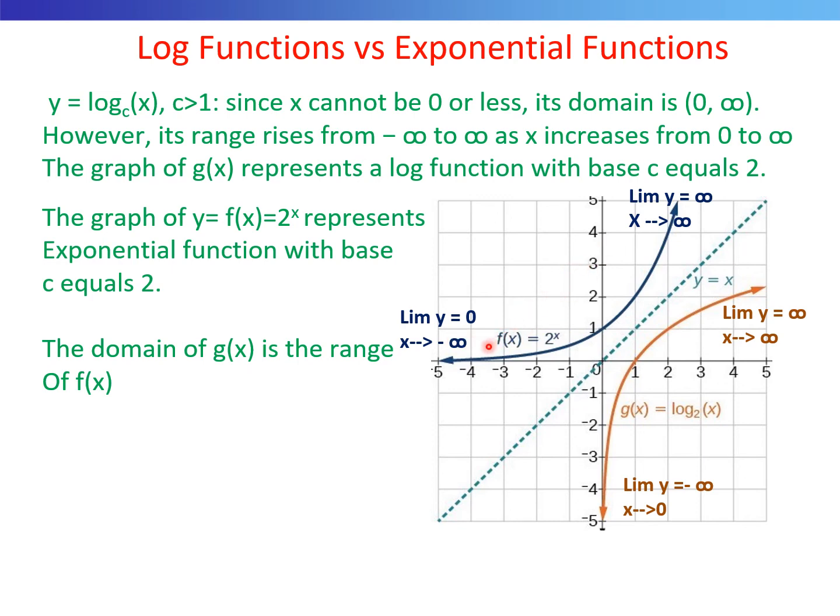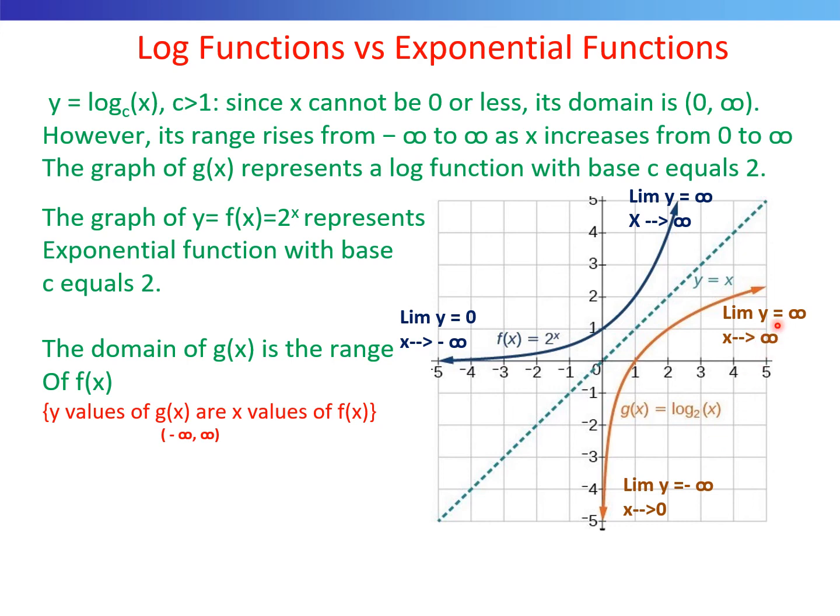The domain of g of x is the range of f of x. Here, summary. Y values of g of x. Look at the function g of x and look at its y values. The function g of x, its y values are from negative infinity to infinity.